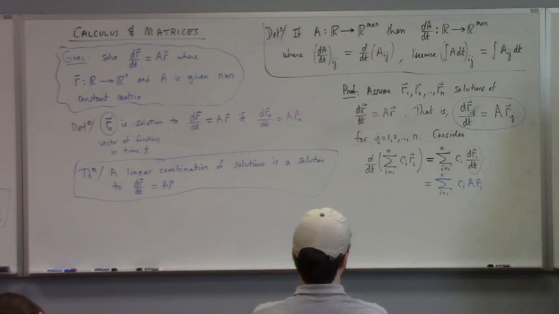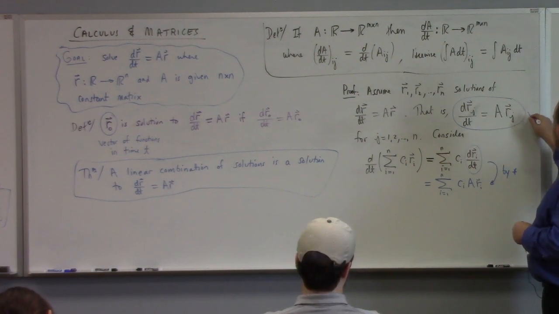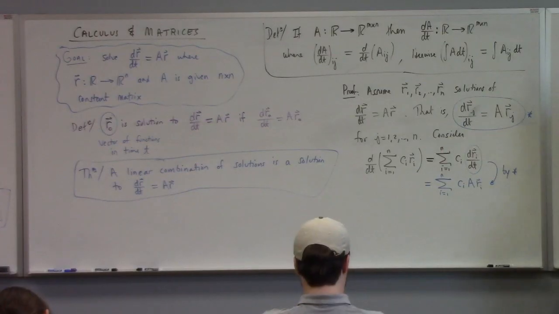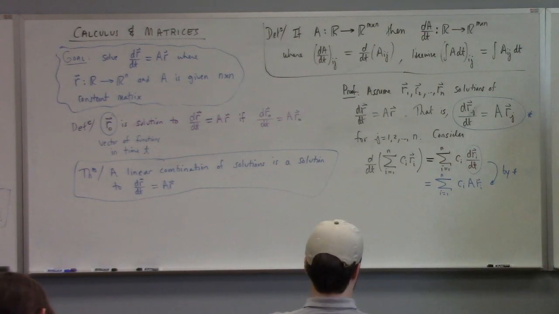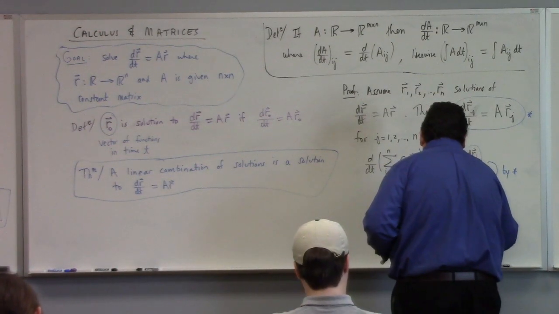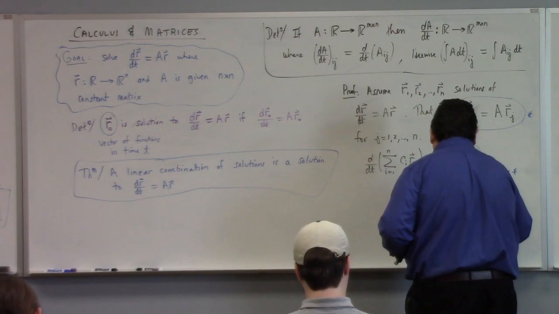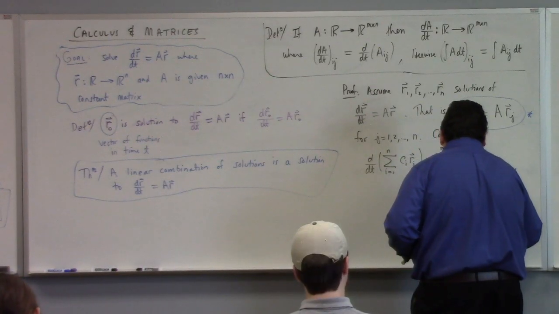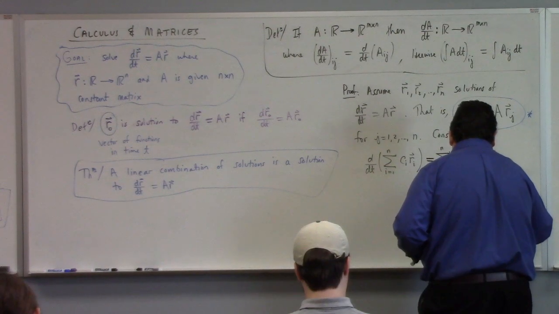I'm using the star. Now I can use properties of matrix multiplication, which allow me to pull the A out front and bring the sum inside, as well as the constants. This is basically using distributivity of scalar multiplication and matrix vector addition as well, I think.